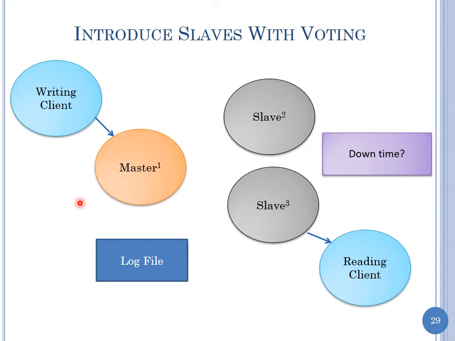Okay, so in this case, we are willing to take some downtime. The master, when it comes up next, either reads from the log file only or it reads from the slaves also. But till it comes back up, the reading clients can't get the data.